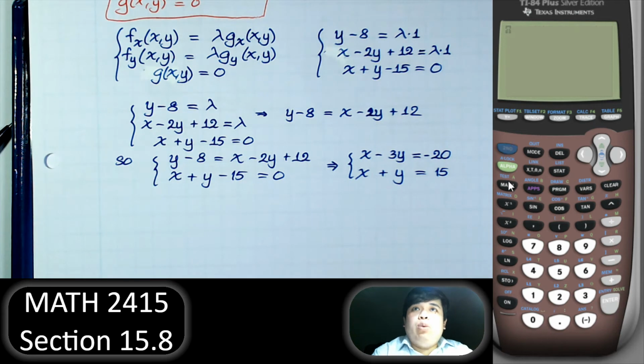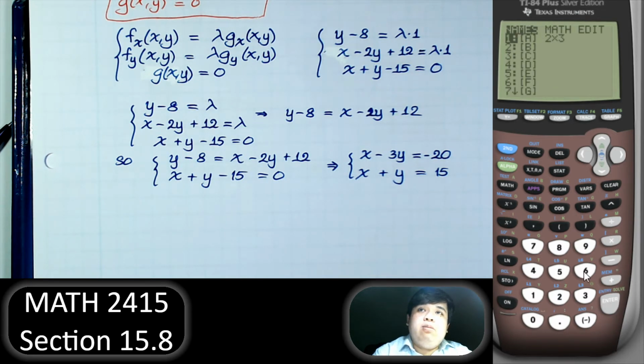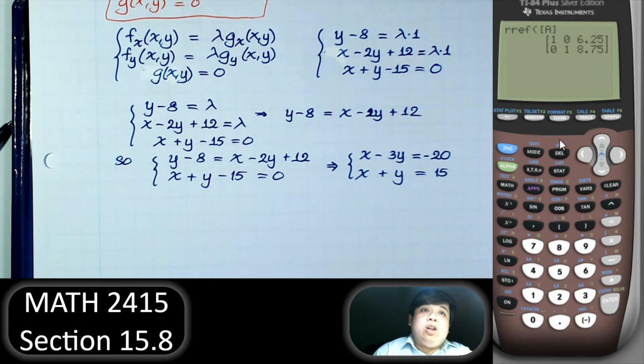Right, and then we do reduce row echelon form, and then second matrix, highlight in the names, we call out matrix A. If we want to recall a matrix, keep it here, names, and then highlight 1, so we still have the same thing. Or we just do this by hand.